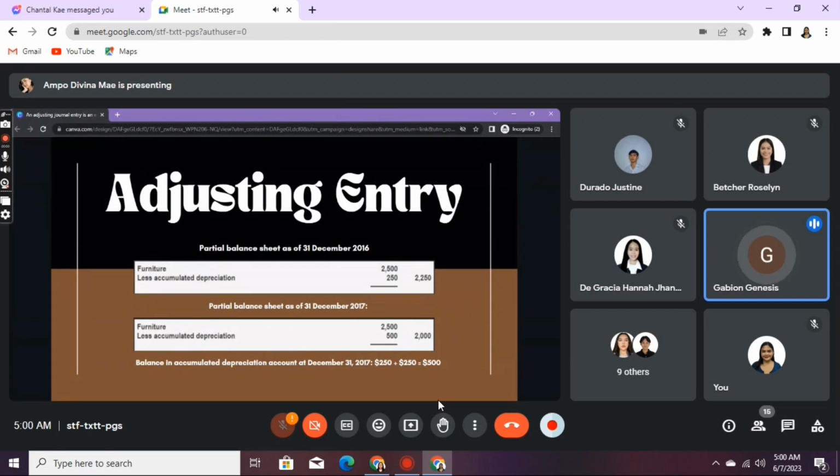And the balance of 31 December 2017: furniture is 2,500 and less accumulated depreciation is 500, so the total is 2,000. And the balance of the accumulated depreciation account on December 31, 2017 is $250 plus $250 equals $500. Next please.